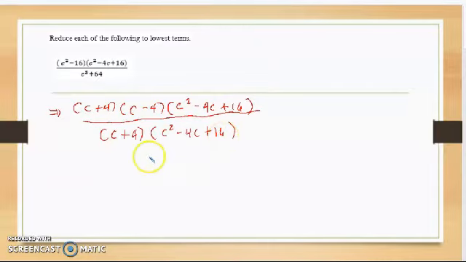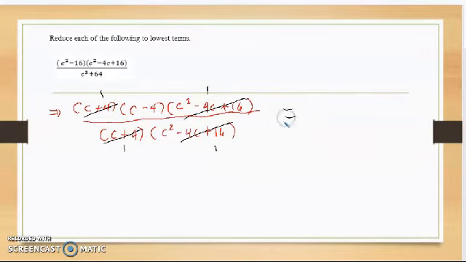And then, cancel out the common factors of the numerator and the denominator. In this case, c plus 4 is common, and also c squared minus 4c plus 16. Cancel out, and those become 1 over 1.